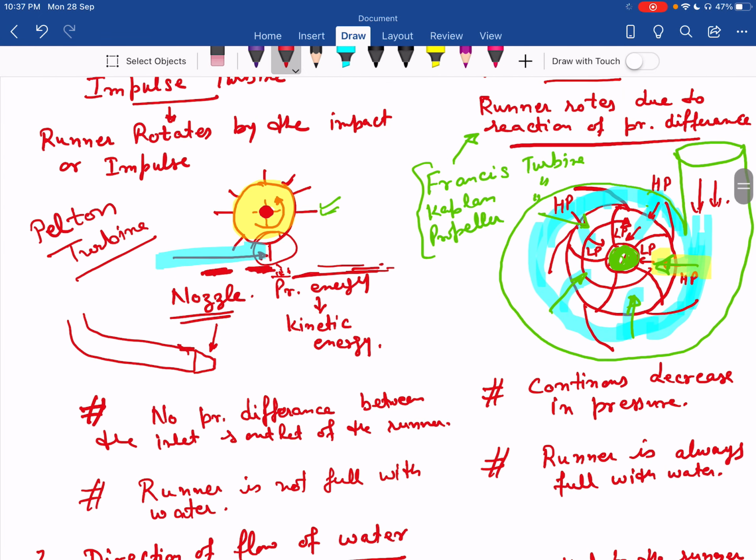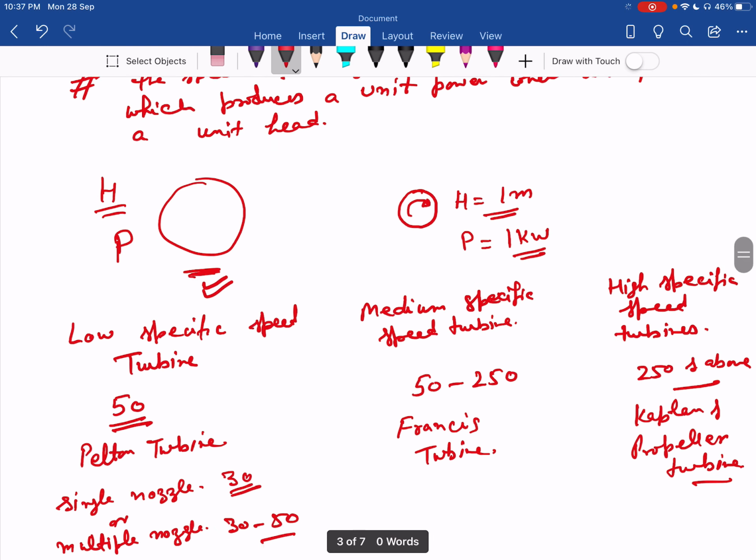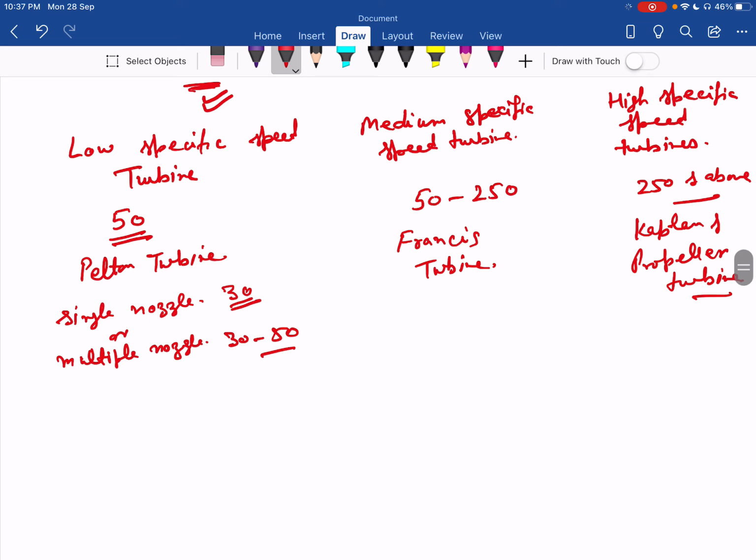This is for single nozzle. If you have multiple nozzles, say your one more penstock, so your water strikes over here. So here you have a turbine with two nozzles. That is multiple nozzles, and its specific speed is from 30 to 50.